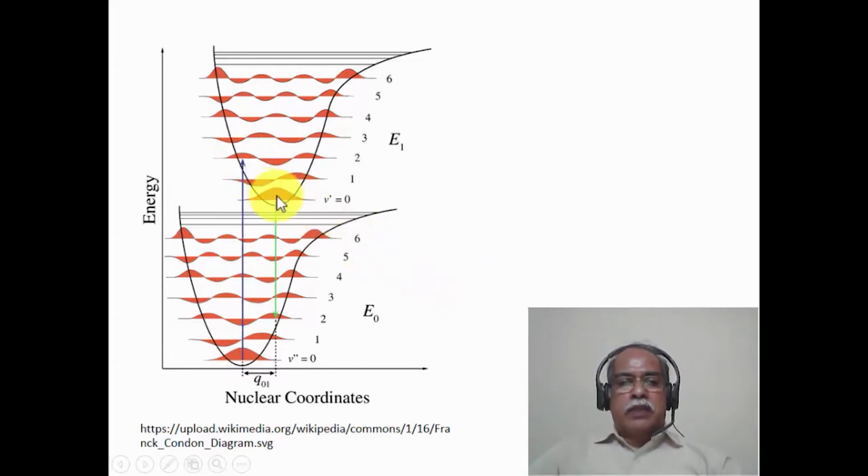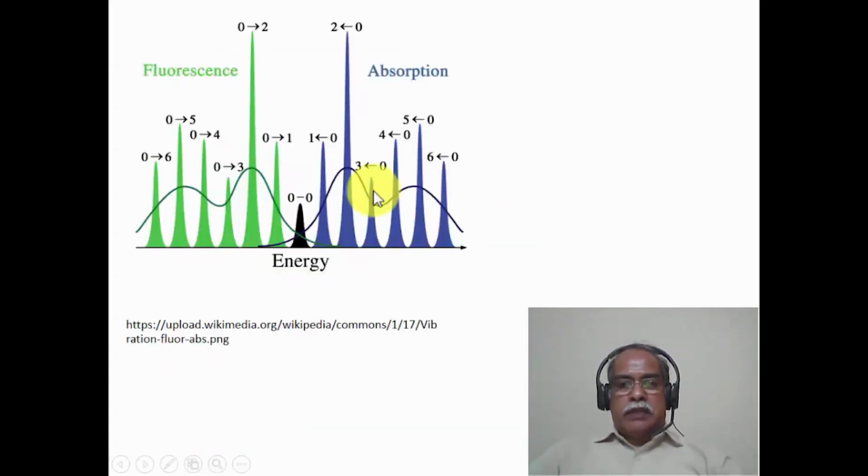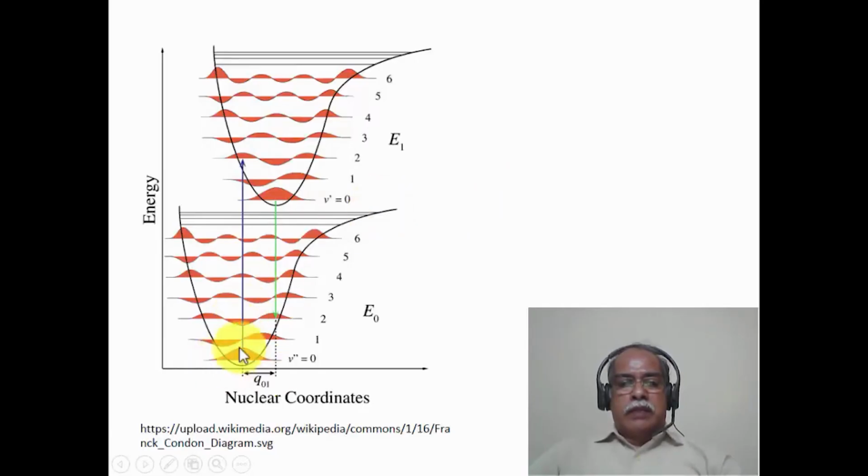Similarly, from this position also, it is coming back from the highest probability density to the highest probability density in the 0 to 2 transition, which is the emission transition. So the excitation and the emission of the 0 to 2 transition is the highest probability transition. So that will have the maximum intensity of fluorescence emission and absorption, in terms of the intensities that are directly proportional to the probability densities of the electrons in this diagram that is shown here.